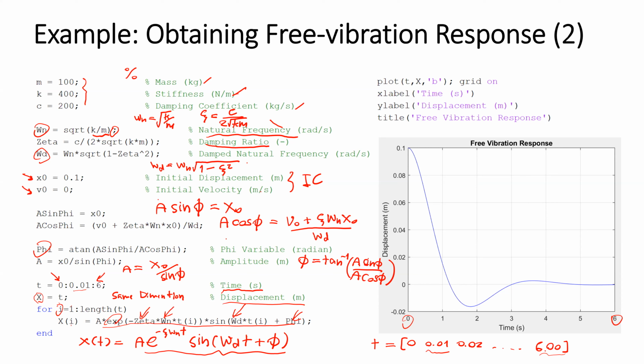And until now, it seems like we have the array of the variable t or time, and we have the variable x with the same dimension as the time, and we use a function plot.